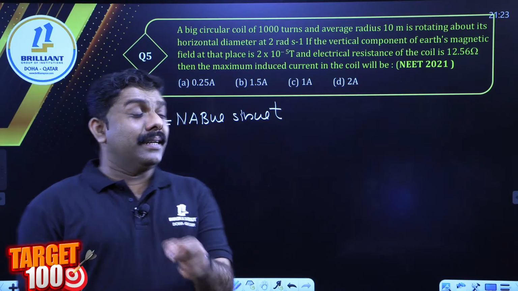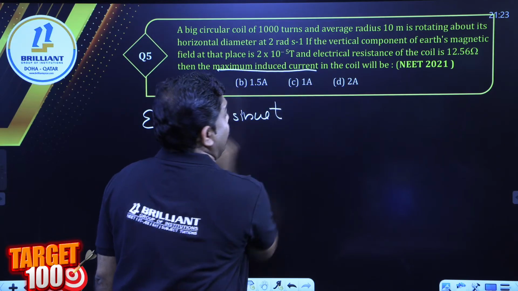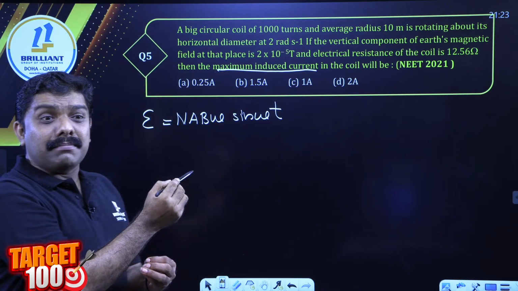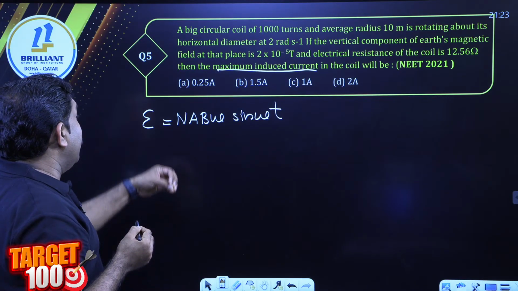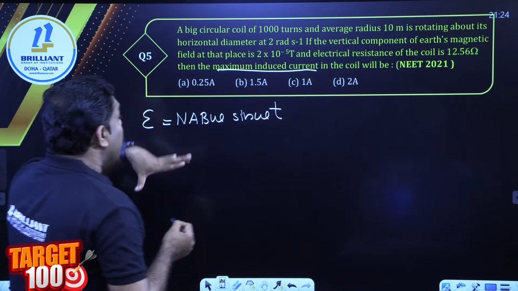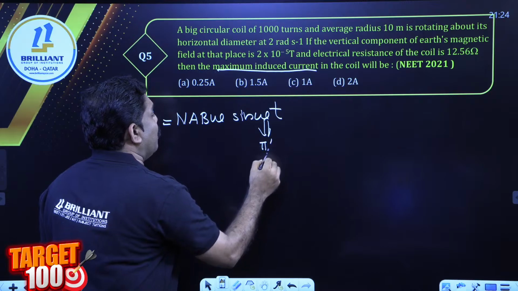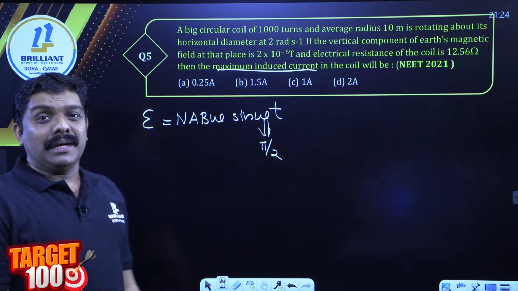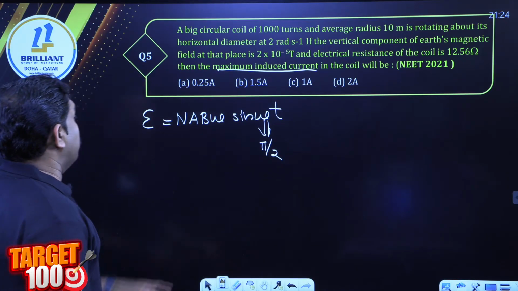But they are asking in this question, what is the maximum induced current? If current is maximum, EMF will be maximum. So we have to find the maximum induced EMF. If omega t is equal to pi by 2, sin pi by 2 is 1, and then we get the maximum value.